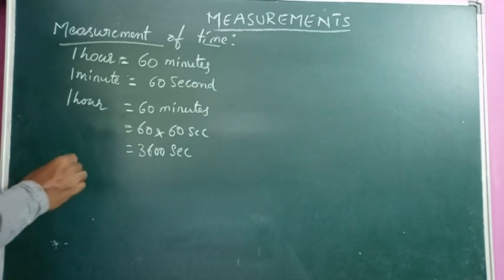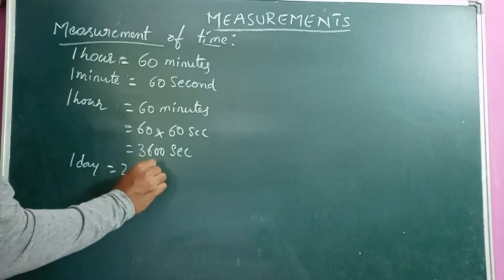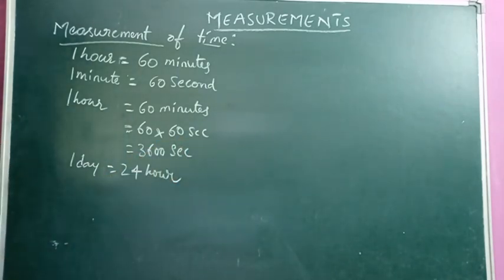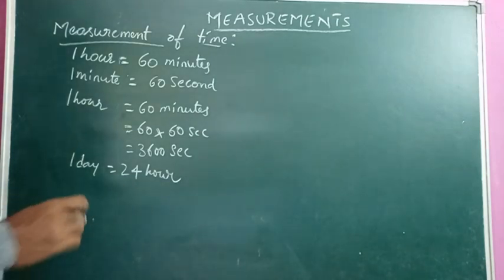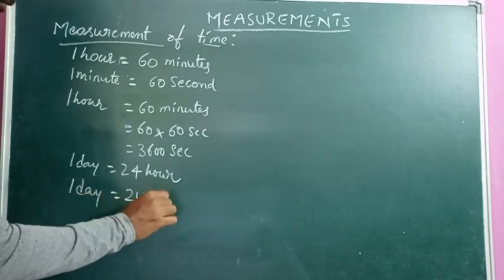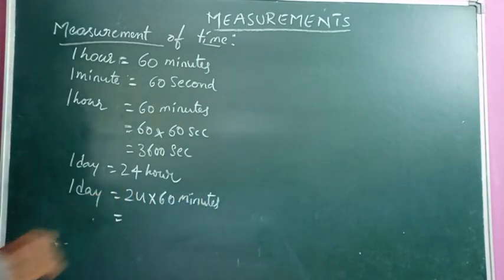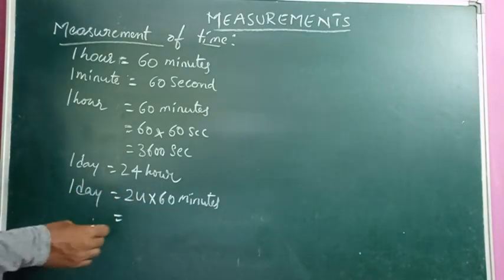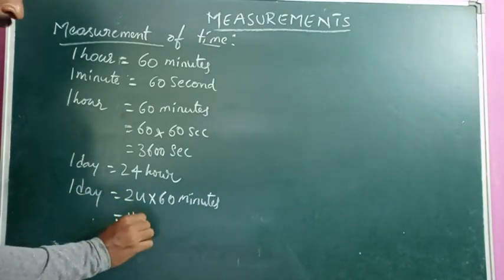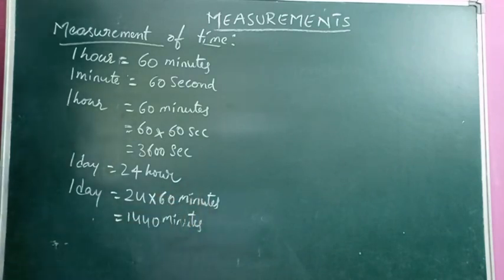3600 seconds. Next, 1 day is equal to 24 hours, and so 1 day is equal to how many minutes? 24 into 60 minutes, which is 1440 minutes.